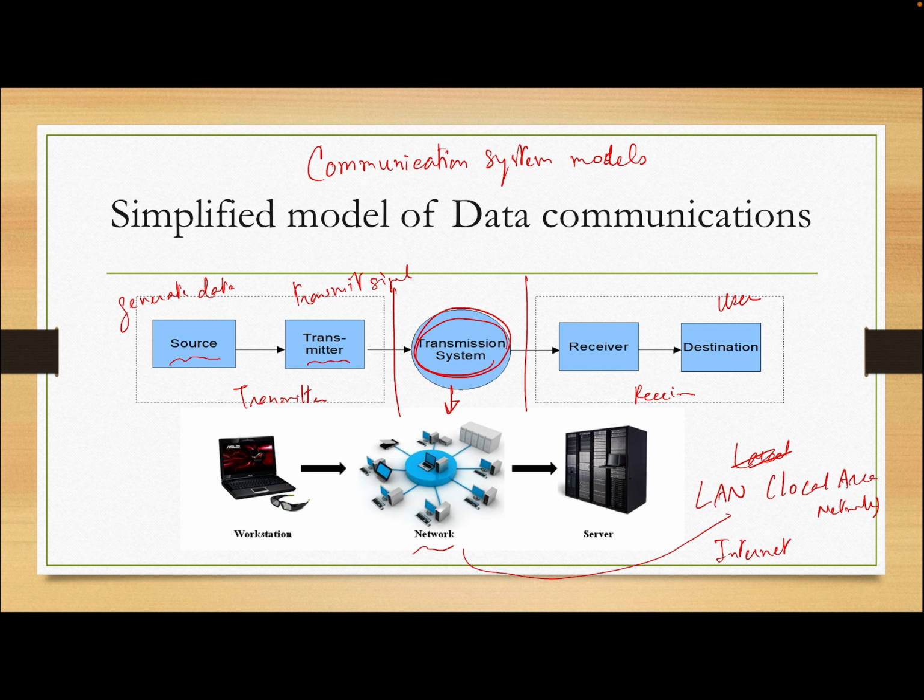It can also be point to point if you have a source directly connected to a destination. This can be a point to point link. So the transmission system can be many things, and you divide it into basically three parts: transmitter, receiver, and the transmission system.